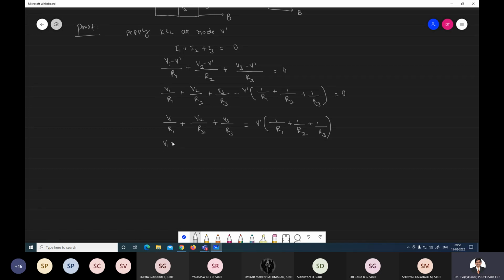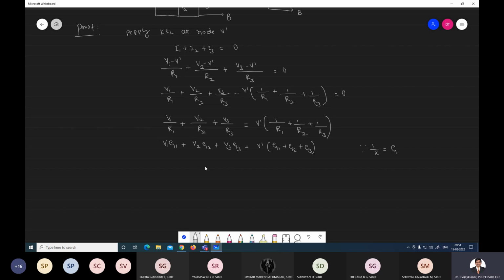Here 1 by R1 is nothing but G1, because we know that G is equal to 1 by R and Y is equal to 1 by Z. Resistance is in ohms, conductance is in mho, and the relation is G equals 1 by R. Therefore 1 by R1 we write as G1. Similarly, V1 G1 plus V2 G2 plus V3 G3 is equal to V dash into (G1 plus G2 plus G3), because 1 by R is equal to conductance G.